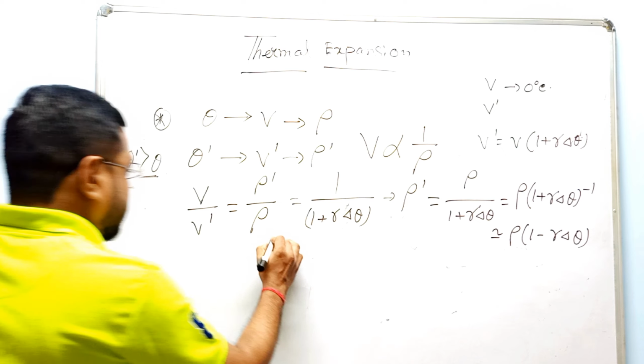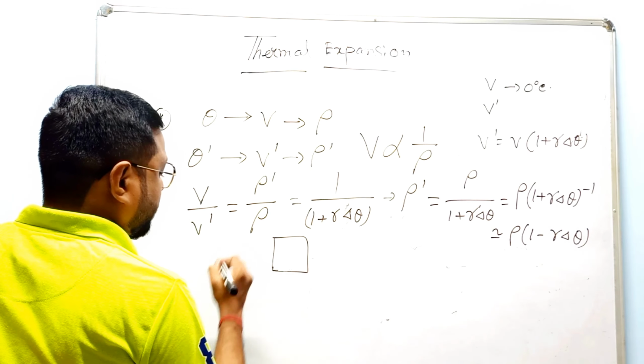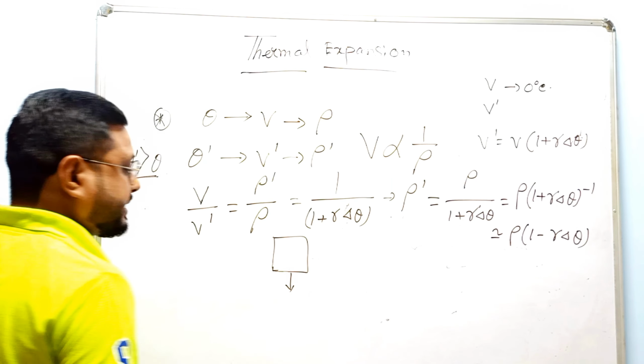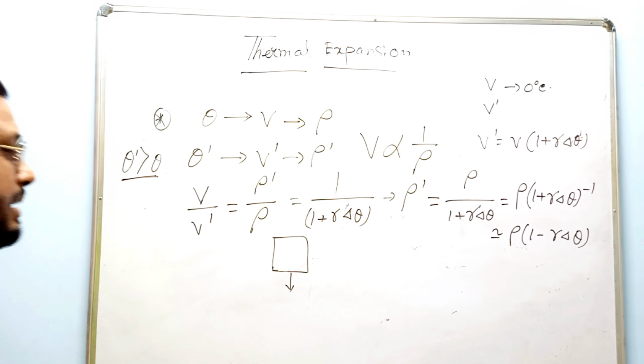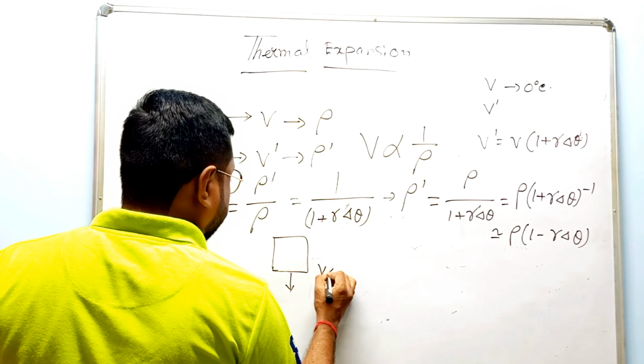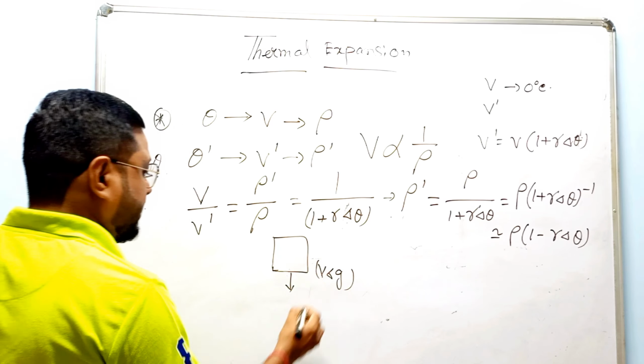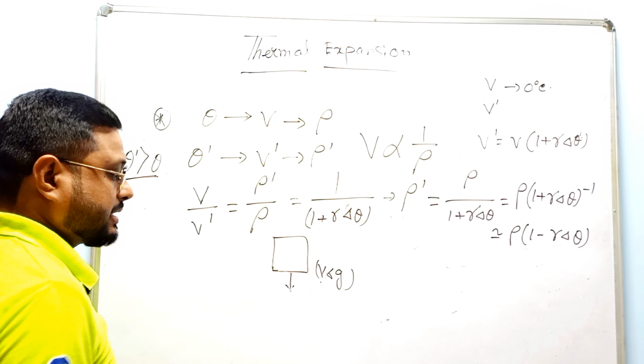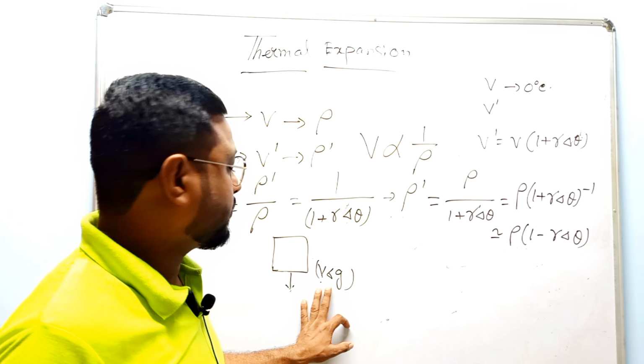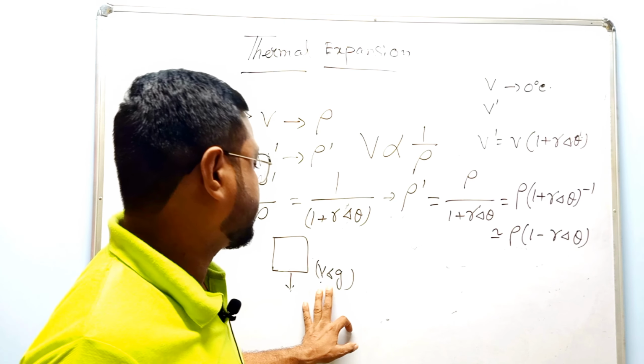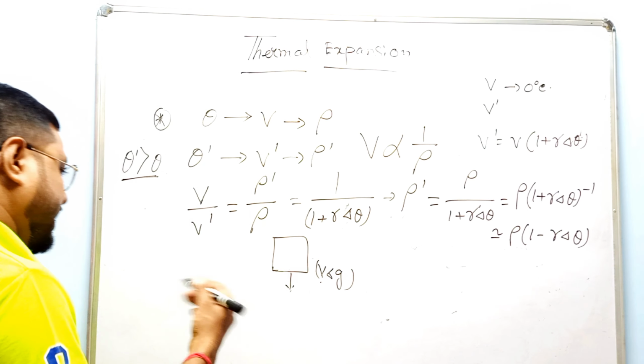Suppose a body is immersed in a liquid. Its upthrust is given by V sigma G. V is the volume of the substance, sigma is the density of the liquid in which it is immersed, and G is the acceleration due to gravity.